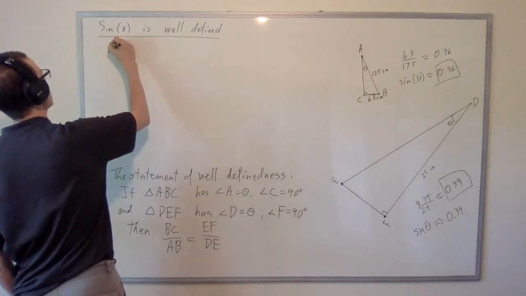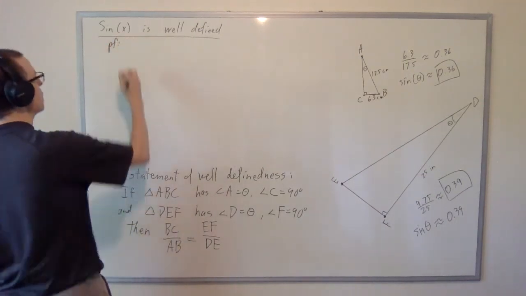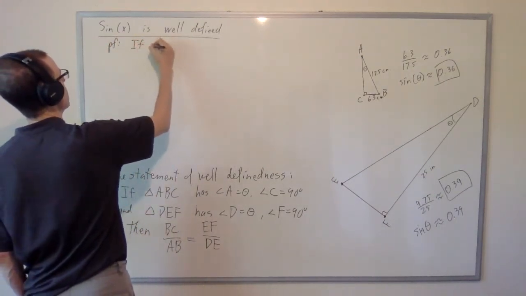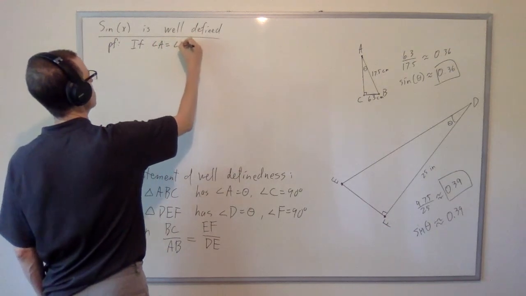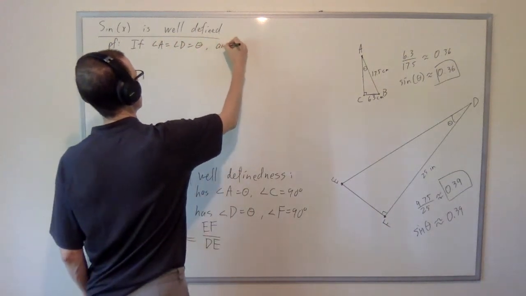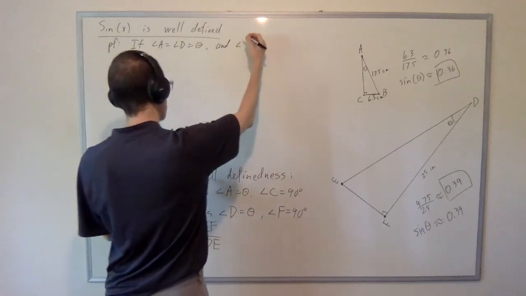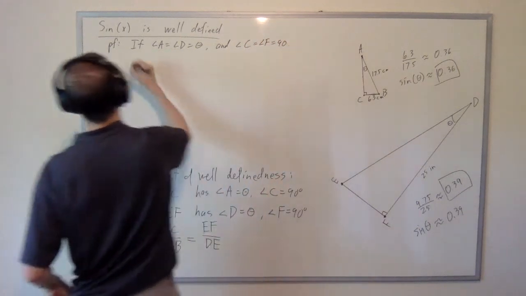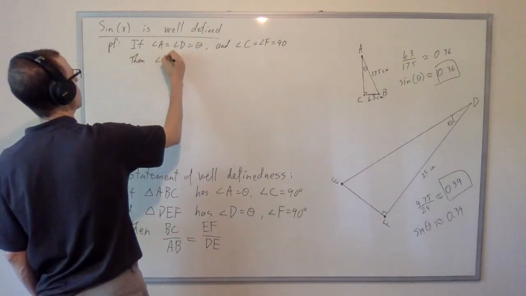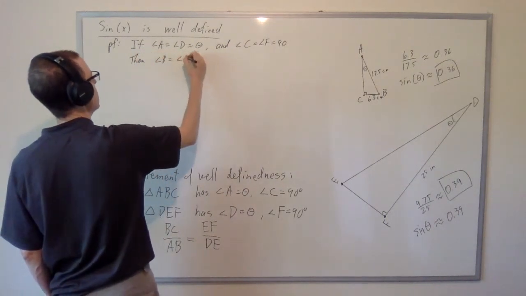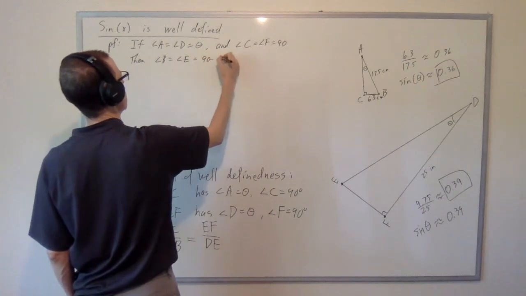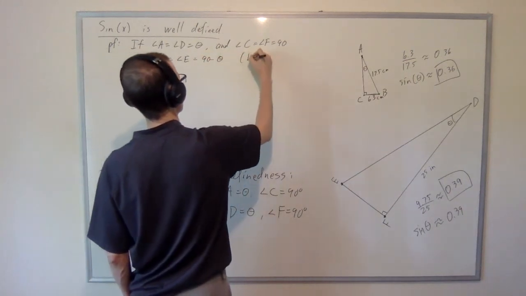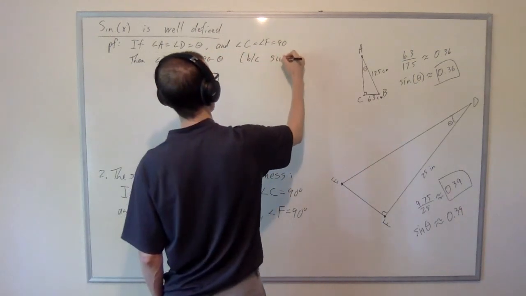So the proof of this statement here is, if angle A equals angle D equals theta, and angles C and F are 90, then angles B and E are both 90 minus theta, and this is because they sum to 180.